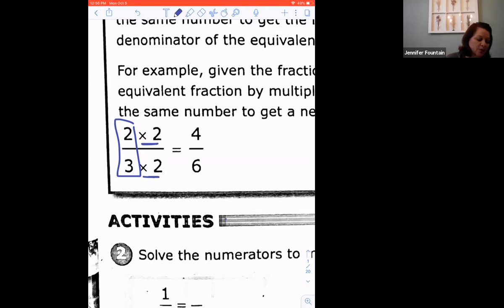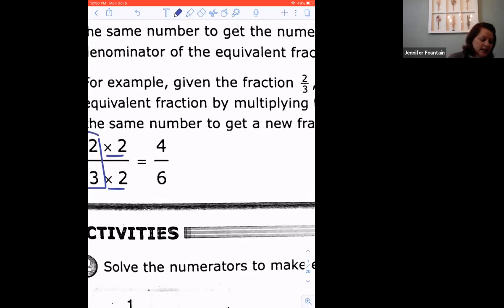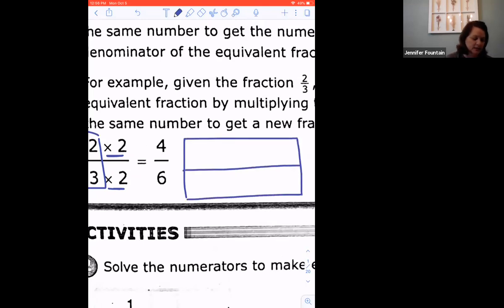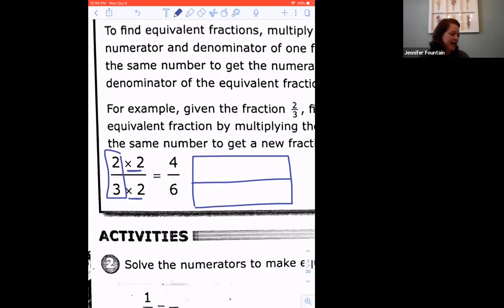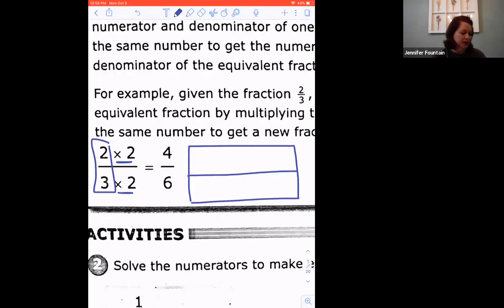So basically, here's a visual we can look at. Let's say I had something like this, and my top one was broken into thirds, and 2 of the thirds were shaded.